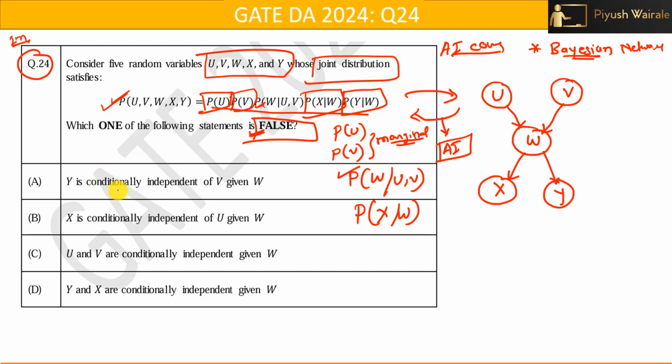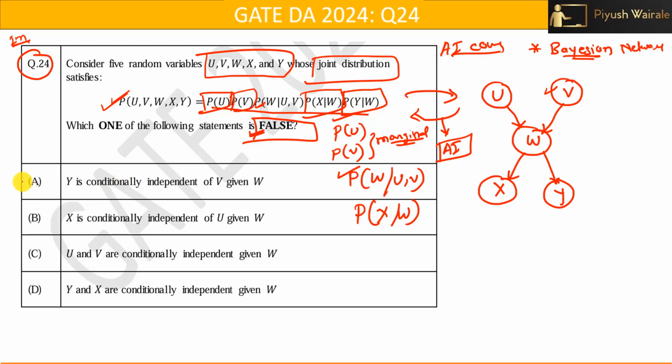Option A: Y is conditionally independent of V given W. From the equation you can see that Y is dependent on W only, and in the network also, Y is conditionally independent of V given W. Yes, that is true, because Y depends on W only.